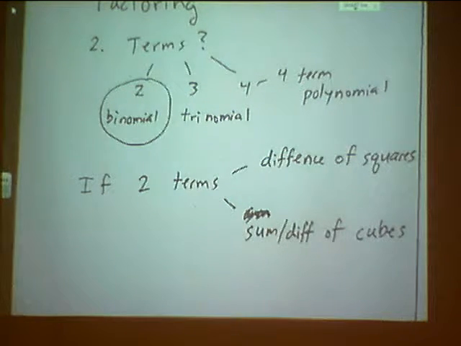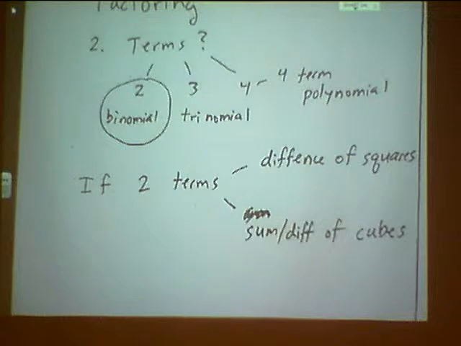And let me make a note now. Oftentimes, you are not able to factor expressions. Sometimes you will have an expression with 2 terms and you try to factor it using difference of squares. That doesn't quite work. So you go and try sum or difference of cubes, and that doesn't work.